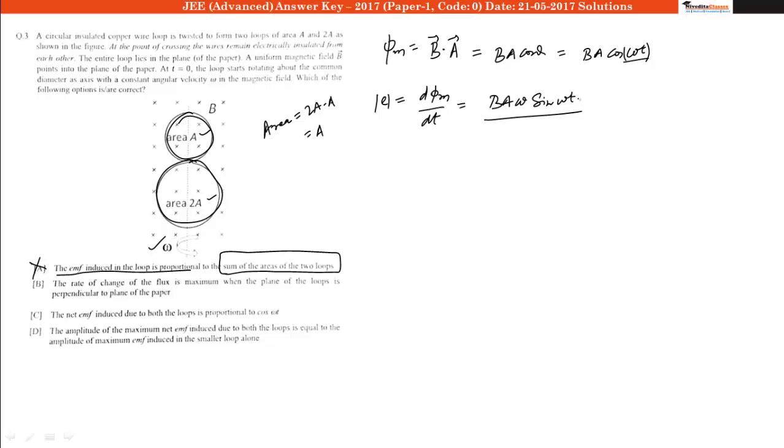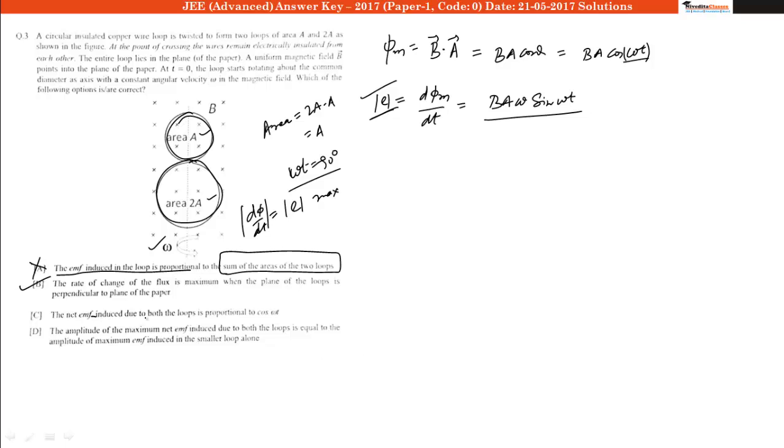Now it says the rate of change of flux, basically the induced EMF, is maximum when the plane of the loops is perpendicular to the plane of the paper, that is when omega t is 90 degrees. At that time the EMF magnitude, d phi by dt, will be maximum. So our option B is correct.